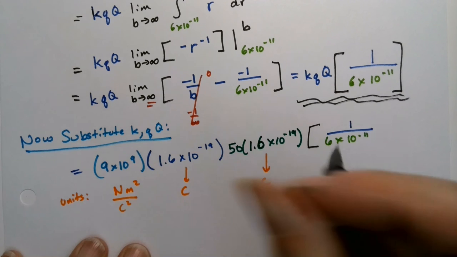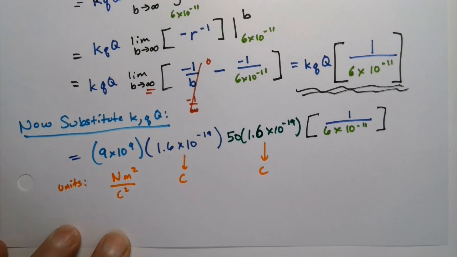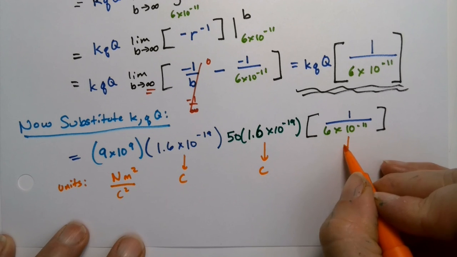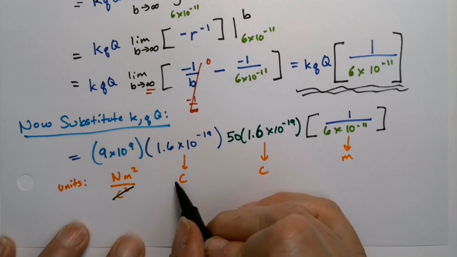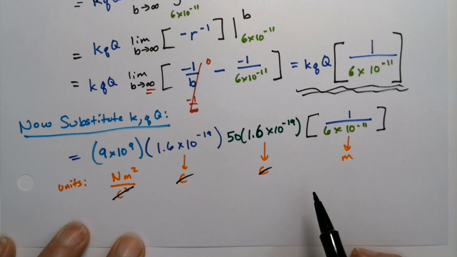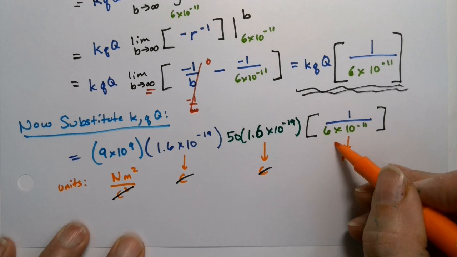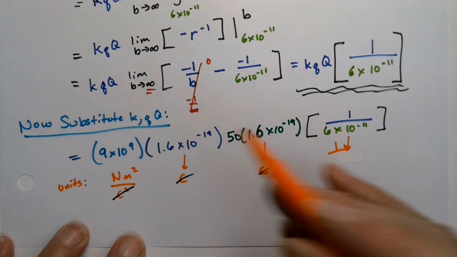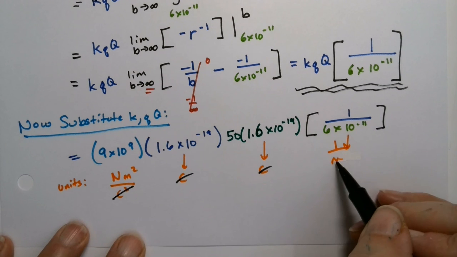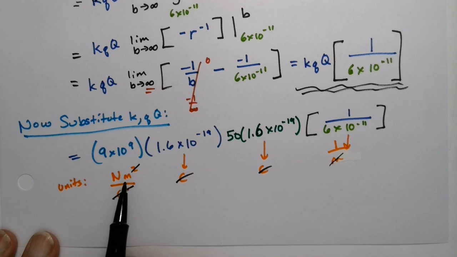This one is in meters. So if you look at your units, coulombs cancels with coulombs and coulombs. And this is 1 over meters because the meters is in the denominator. So that meter cancels with one of my meters here. I'll be left with Newton meters, which is joules, which is work.